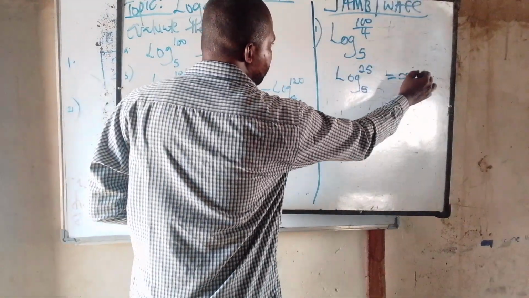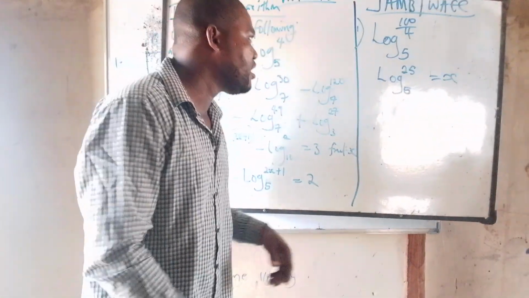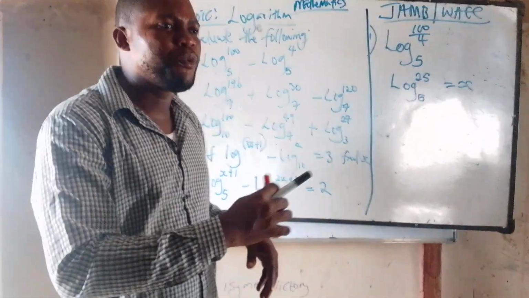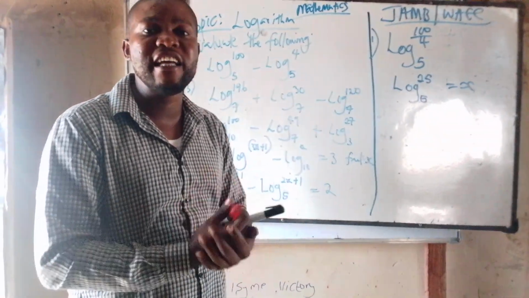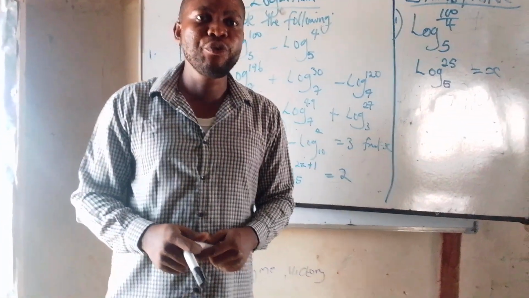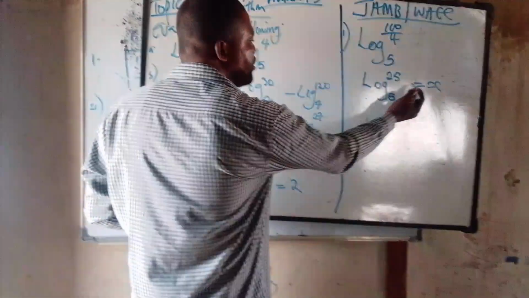Then equate to either x or y or a or b or c, as the case may be. After simplifying any log like this, quickly equate to anything, however you want. It's your choice. So log 5 of 25 is equal to x.